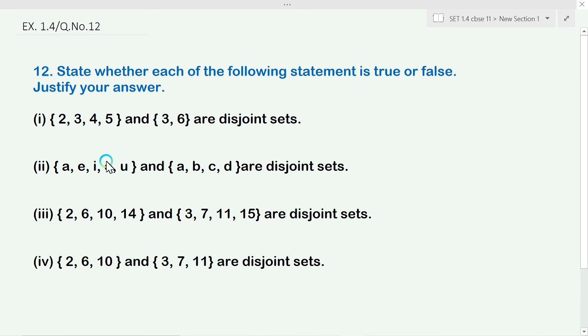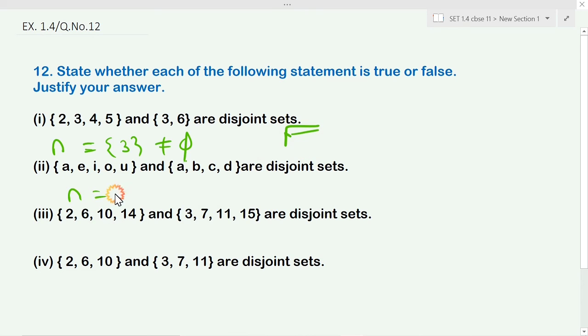Question number 12, you have to find the disjoint sets, true or false. The intersection of these two sets is 3, which is not equal to the empty set, so this is not disjoint, so this is false.